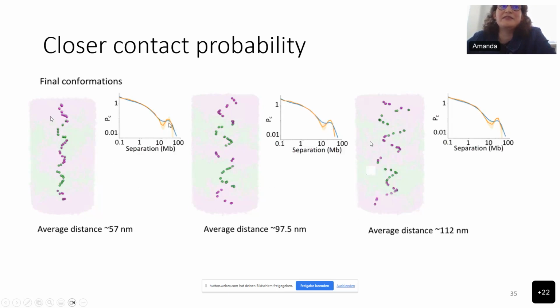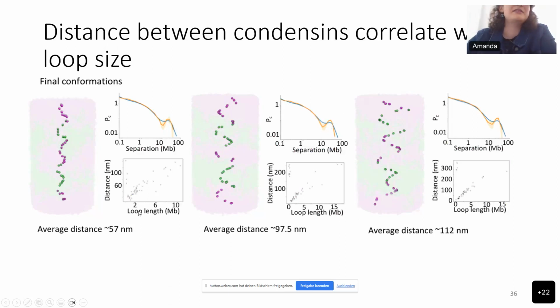So we see that condensins are no longer forming a continuous helical path, but they are clustering along the chromosome axis. And we further took this analysis to see if the length of the loop has something to do with this spacing. And it turns out that there is.